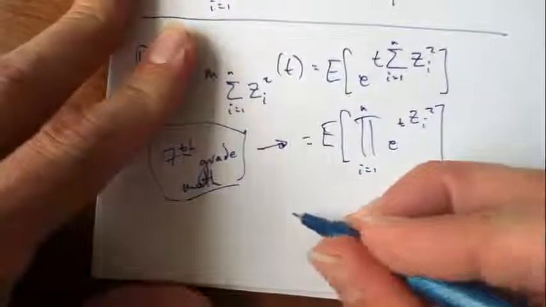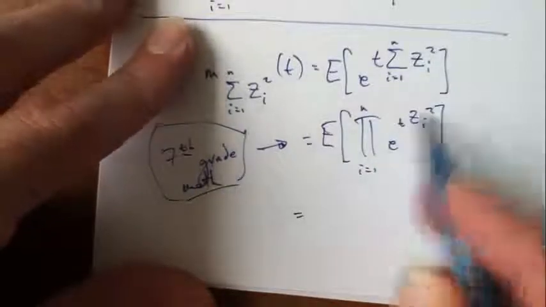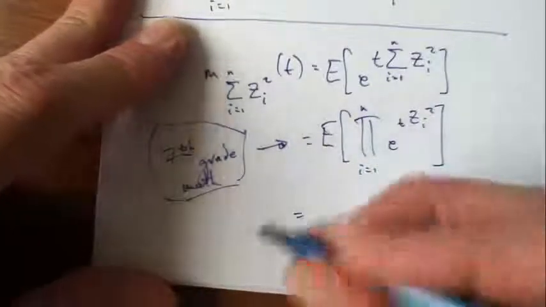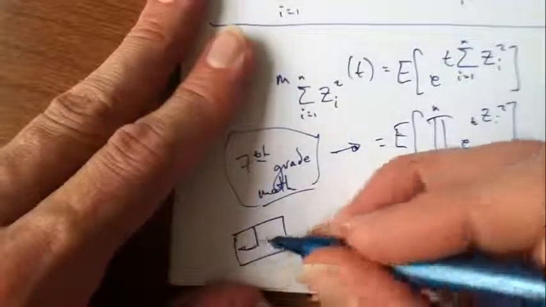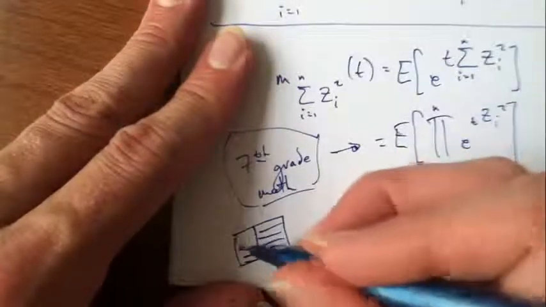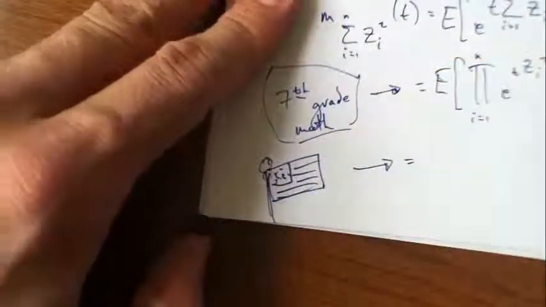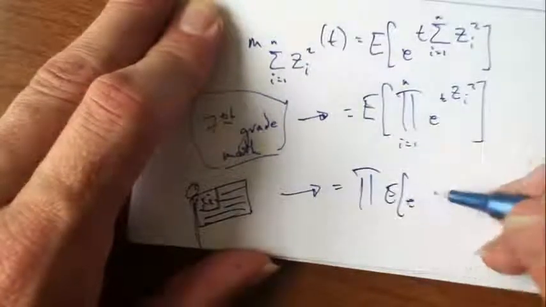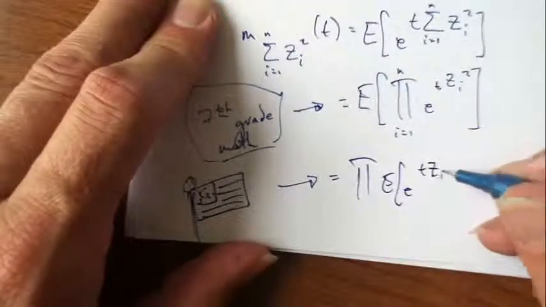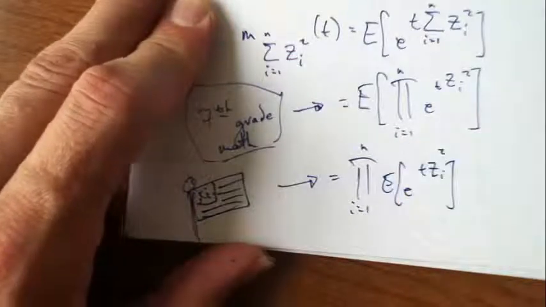Okay, and then also we know that the expected value of a product of independent things is the product of the expectations. This is by independence. Okay, here's our symbol for independence, I guess. And so that's the product of the expected values, e to the t z i squared, i goes from 1 to n.